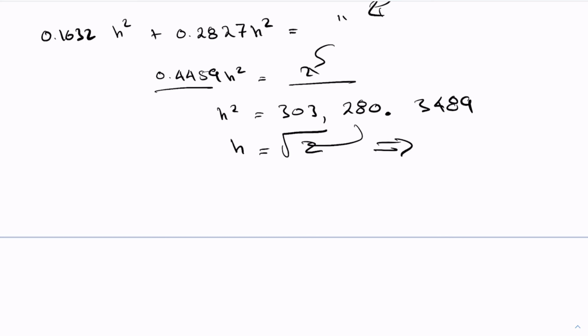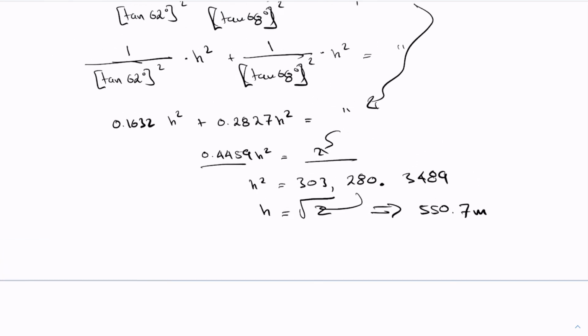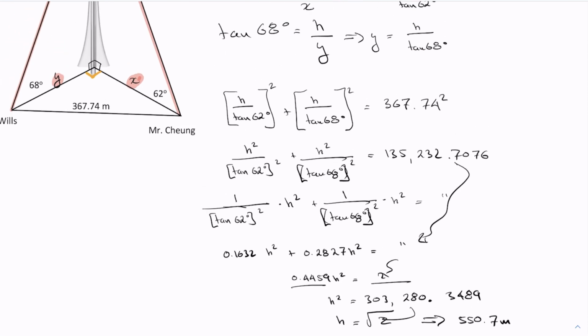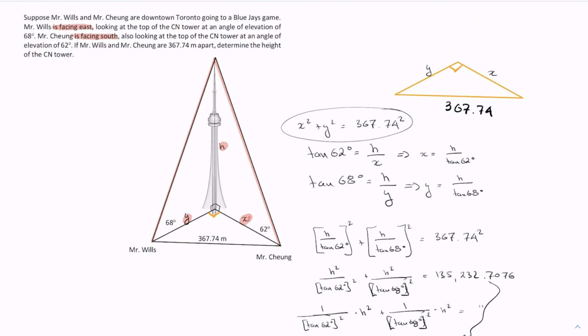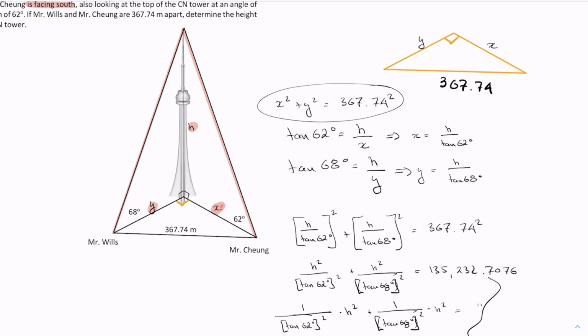And that gives me a value of 550.7 meters. Whew, a lot of work, a lot of calculation. Again, I used the notes to speed up the process, but I strongly encourage you to do this on your own calculator. But all of this finally gives us the height of our pyramid, our CN Tower, which is 550.